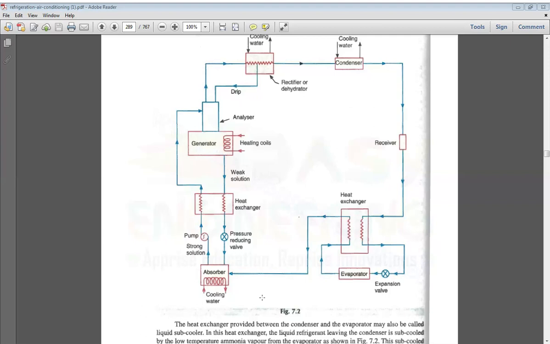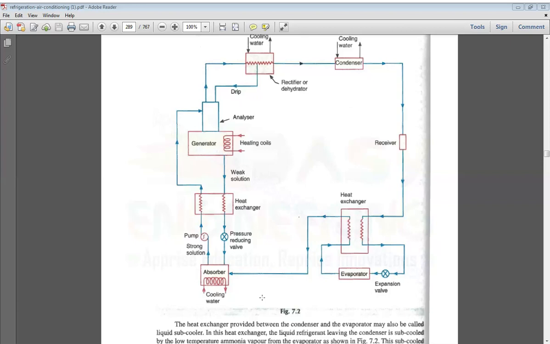The analyzer is either an integral part of the generator or a separate part, located at the top of the generator. It consists of a series of plates.